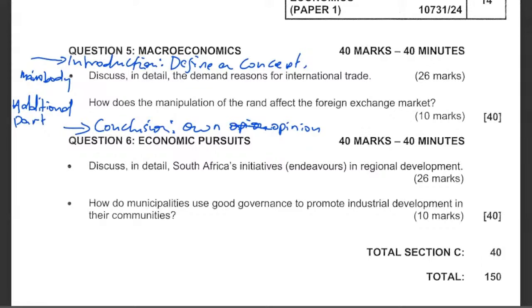Okay. Right. So now moving on to our additional part of 10 marks. It says, how does the manipulation of the rand affect the foreign exchange rate? Guys, if you still remember, when we talk of exchange rate, we refer to converting or matching one currency to other currencies. If our currency is strong, it means that the economic activities in that particular country are very high, and there's full employment of resources.